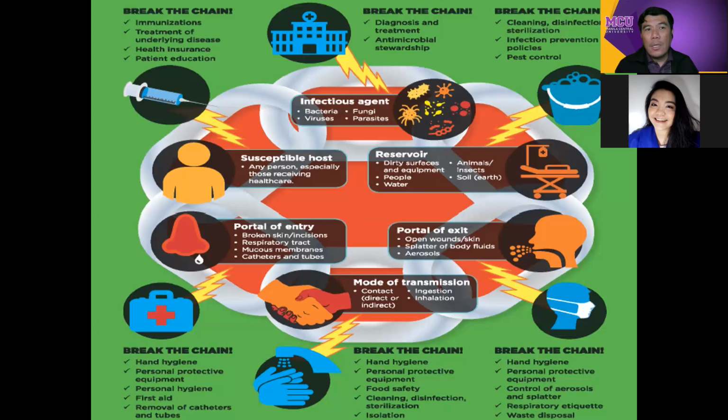Another is you need to undergo treatment if ever you are classified as the critical level. So in this situation, if you have received treatment, medical attention, and vaccination, then you will prevent the infectious agent from proceeding to another host. So this is a typical example of how you will break the chain.